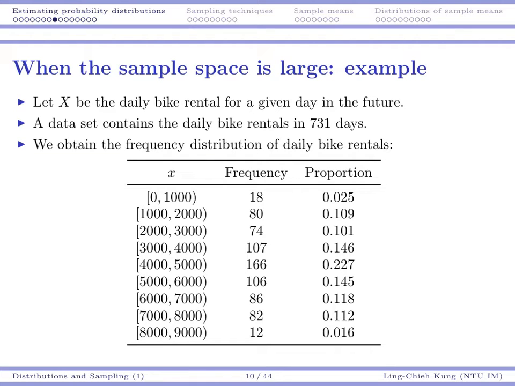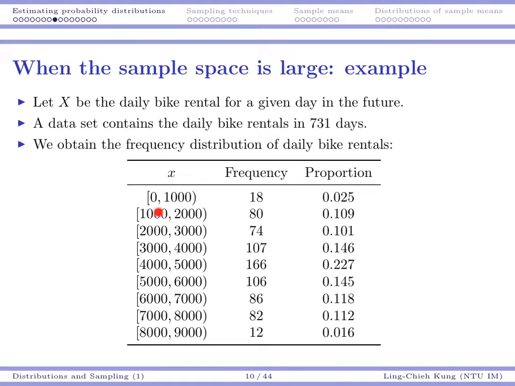Then I'm going to put those 731 numbers into these 9 categories or 9 classes. I divide the possible region into 9 classes and then put numbers into those 9 classes. Then I'm able to create this frequency distribution.